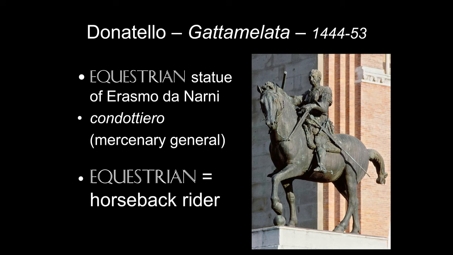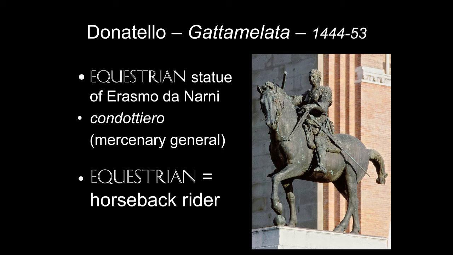I said earlier that the Italian city-states warred against each other. And how are you going to do this? Well, actually, they had mercenary armies, and they hired mercenary generals who were paid to fight for whatever principality.